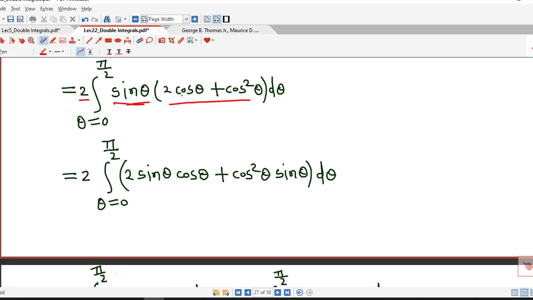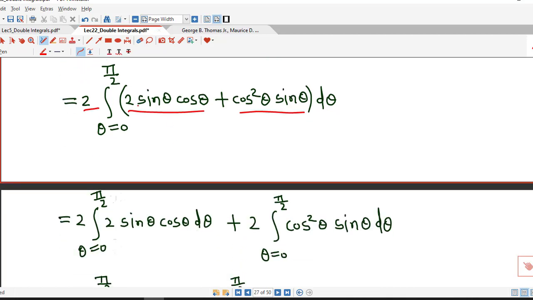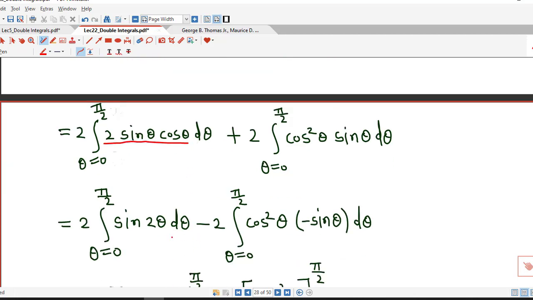Now we multiply sin theta with this, so we have 2 sin theta cos theta plus cos square theta into sin theta d theta. This 2 is outside. Now we separate this, integral of this plus integral of this, and we multiply both the integrals by 2. So 2 into 2 sin theta cos theta d theta plus 2 times cos square theta sin theta d theta, and 2 sin theta cos theta is nothing but sin 2 theta.